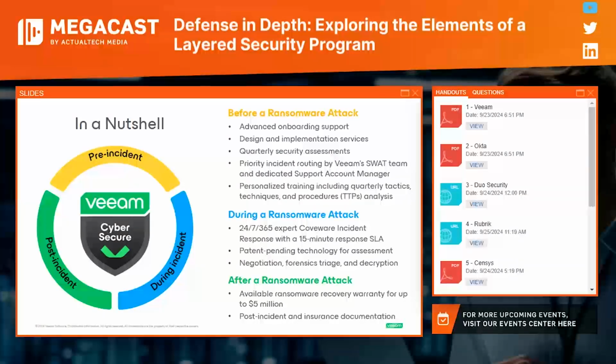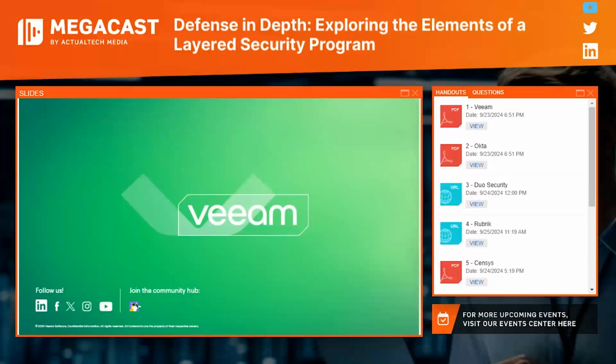Having the technology to do the assessment, as I mentioned earlier, having the technology to also assist with the encryption, and finally document that, and even also have the option for a recovery warranty. So with that, I might not have time for questions, but let me know.